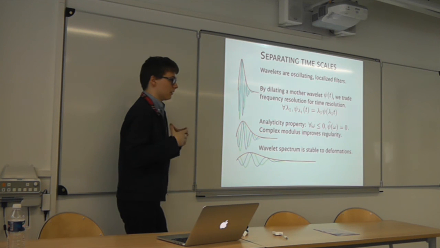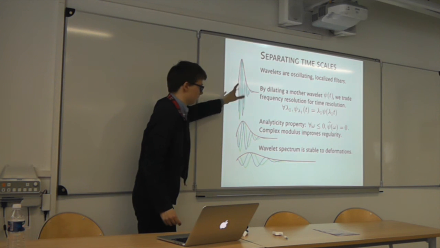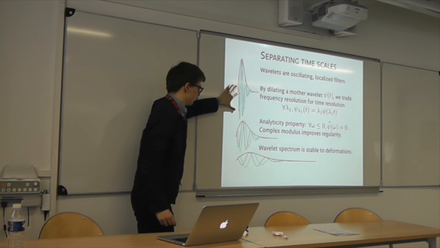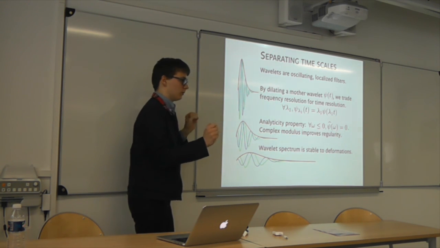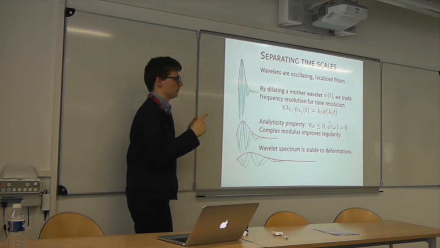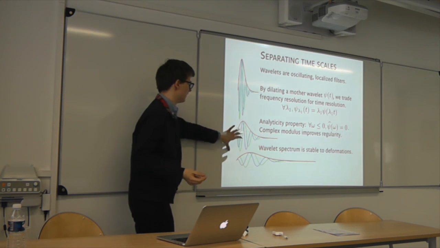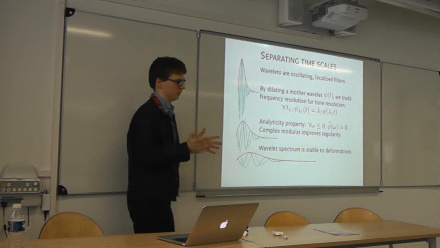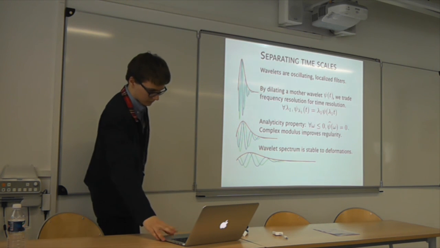So that's much more regular, and that's better for averaging afterwards. And unlike the Fourier spectrum, this approach is stable to deformations because a small time warp of the signal can be induced as a time warp of the wavelet itself instead. So the neighbor of the wavelet is another wavelet, so that's perfectly fine. Up to a change of variable, that's okay.